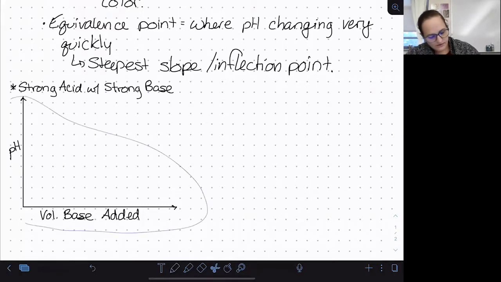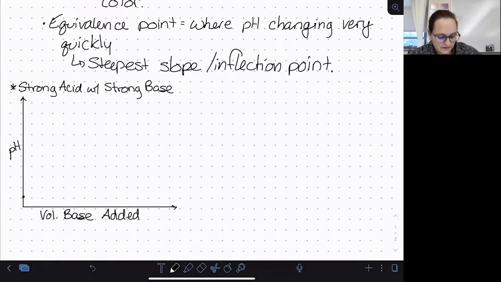And if we want to sketch the curve that we would get, since we are starting with a strong acid, before we add any base, so this is when nothing has been added yet before our titration has really started, we would expect the pH to be low since we're starting with an acidic solution and adding base into it.